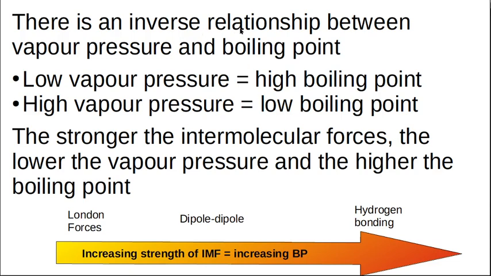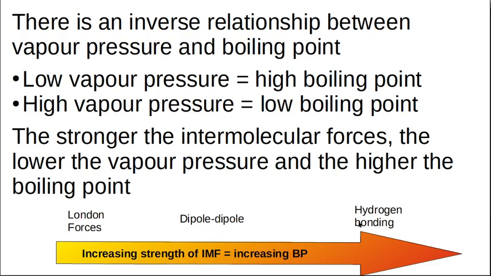It's an inverse relationship. So if you look at the different forces, remember London forces, sometimes called van der Waals forces, sometimes called induced dipole forces, they are weak. Whereas a dipole force, like a hydrogen bond, remember when we talk dipole, it's permanent dipoles.